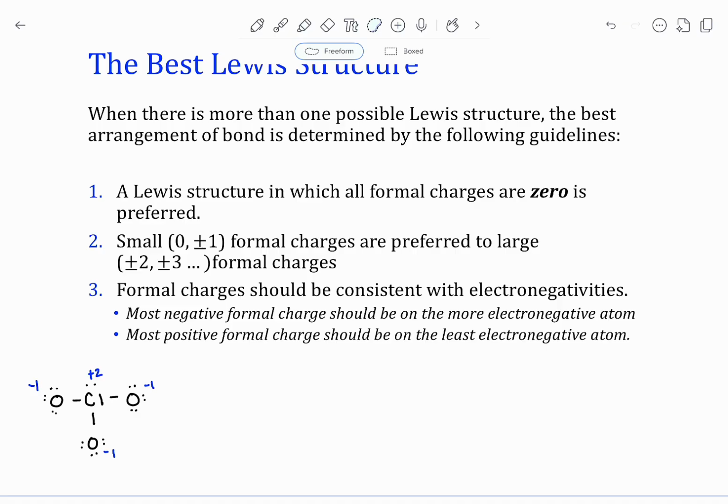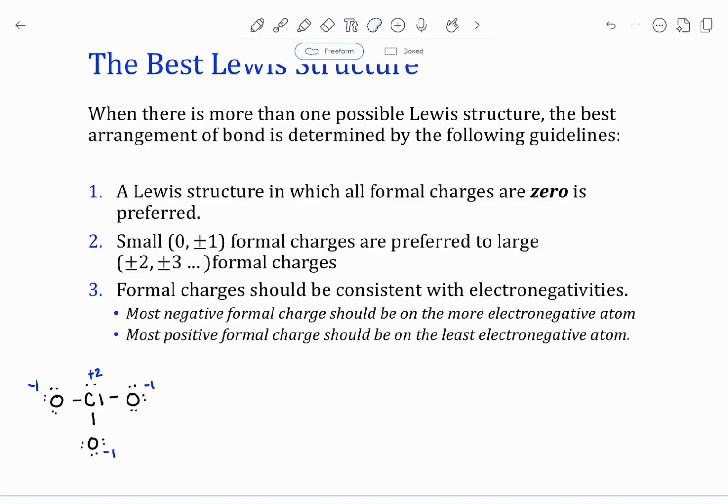Okay, we don't like to see the plus and minus 2s and the plus and minus 3s specifically on one individual atom. If they're spread out amongst the atoms and we have low formal charges on all of them, that's okay. But we don't want to have one individual atom with a really high formal charge, whether that's plus 2, plus 3, minus 2, minus 3. Okay, we prefer 0s and 1s.